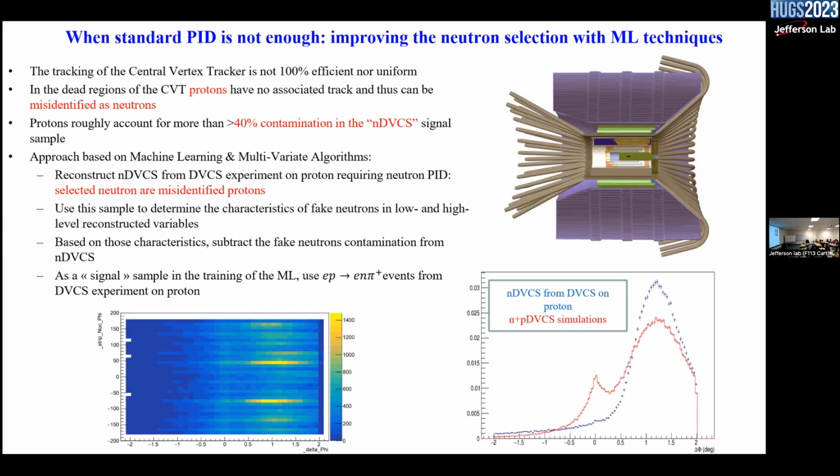So I wanted to now make a little parenthesis about how we can apply some machine learning techniques to data analysis. We have been doing it in particular for the identification of the neutron. Someone, was it you yesterday, who asked me how we detect the neutrons? Yes, and I told you the happy side of the story.